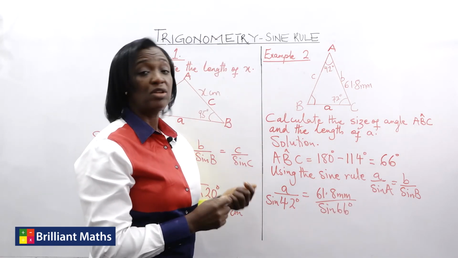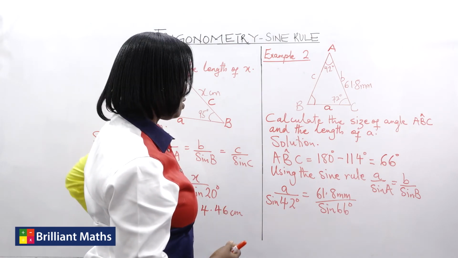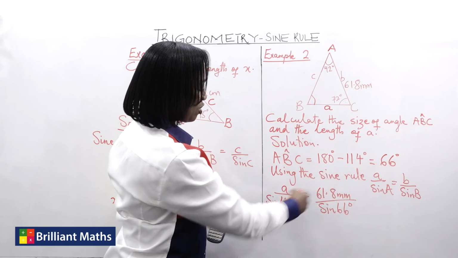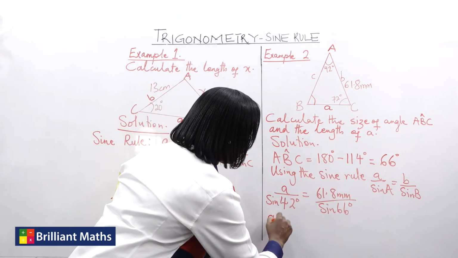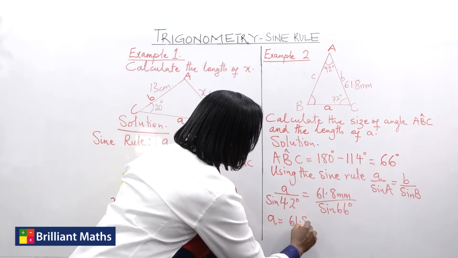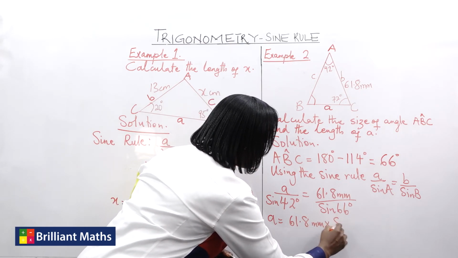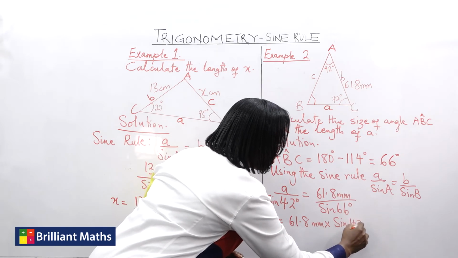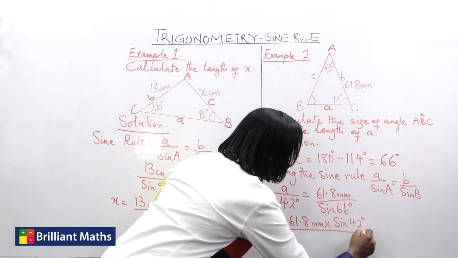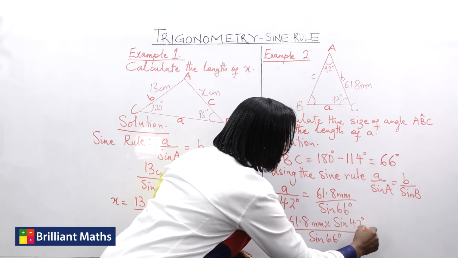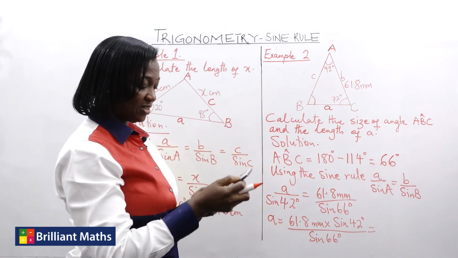So you take out your calculator and put in the values. How do we find a? We simply cross multiply. So a is equal to 61.8 millimeters times sine 42 degrees over sine 66 degrees. And what would that give us?